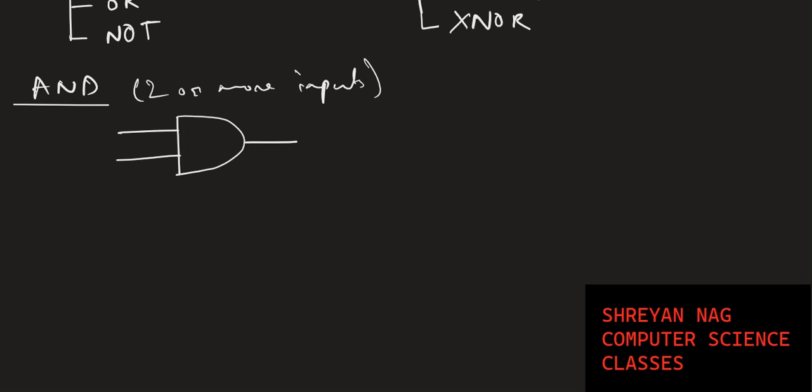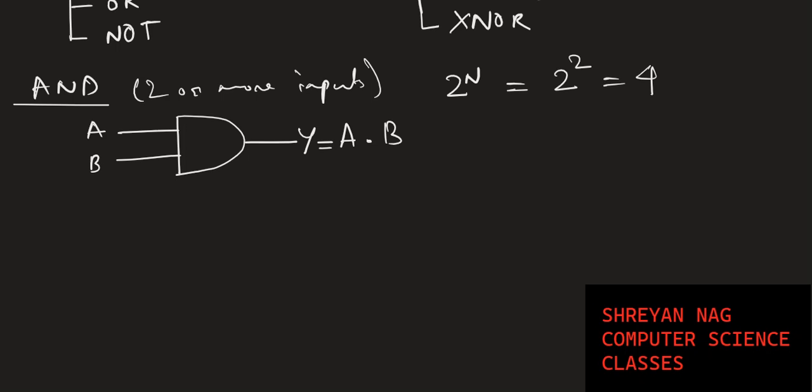Depending upon how many inputs there are, there will be a certain number of bit configurations. The formula for bit configurations is 2 to the power of n, where n is the number of inputs. So if there are 2 inputs, there will be 2 to the power of 2, which is 4 bit configurations. Let us suppose there is an input A and an input B, and the output is shown by Y. We have to keep in mind that the AND gate multiplies each bit to find the resultant output.